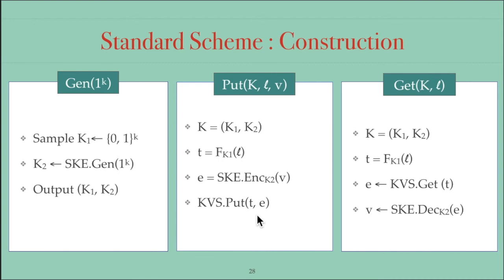Then get works in a similar way. You have a key K and label L. Again, you apply the PRF on the label L to compute your T. Then you give this value T to the key value store, which then fetches the encrypted value E associated with T, and then you just decrypt E to get your V back.